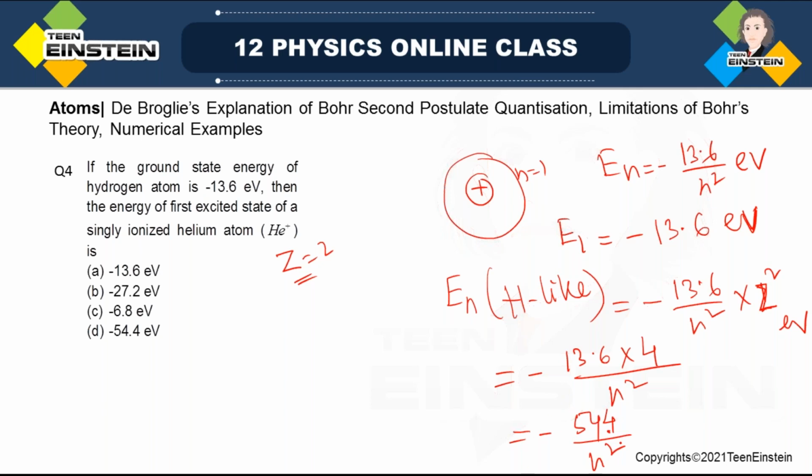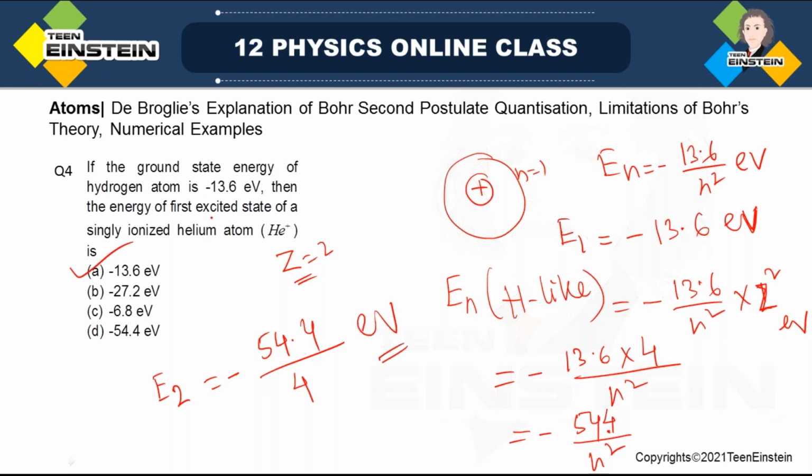Now look, first excited state means n is equal to 2. So E2 will be the first excited state. n square, 2 squared is 4. If you just do this division, you get the answer. It will be the first one, this one.